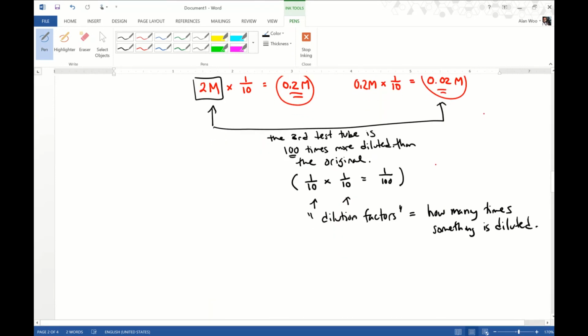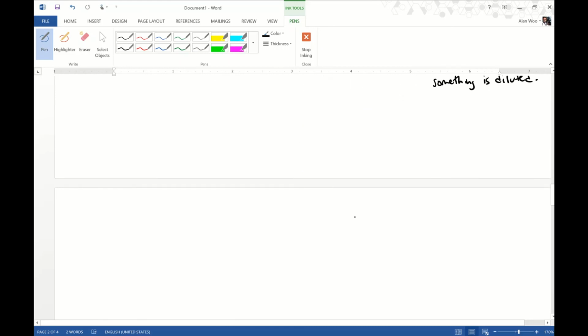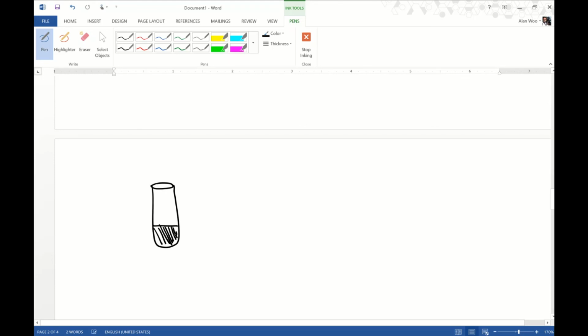So let's just take one final look at that, so you have an idea of how this works. Let's say again, this is a 2 molar solution, but this time we have only 5 mils.